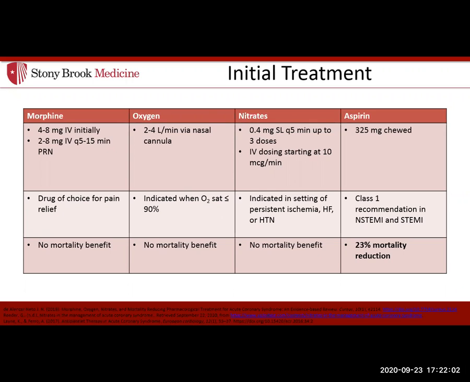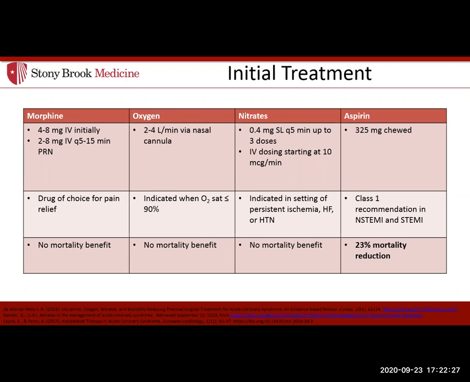But the only thing that we saw is that there is no mortality benefit that's directly related to morphine administration. And there is some thought that morphine can delay the activity of oral antiplatelets, so you just want to use caution while you're using this medication. Next, we have oxygen. Oxygen is indicated when a patient's O2 saturation is less than or equal to 90%.